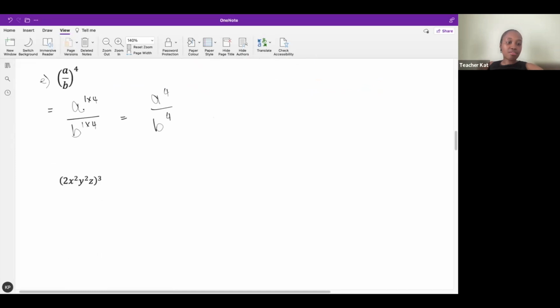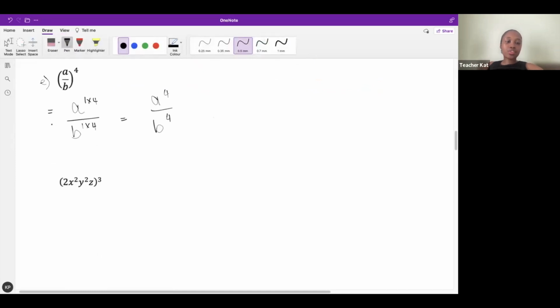Now let's look at number F. In this case, will the 2 also get the power of 3? Will the 2 also be raised to the power of 3? Yes, because it is inside the bracket. So we're going to say 2 to the power of 1 times 3. And x to the power of what times what? X, thank you, 2 times 3.